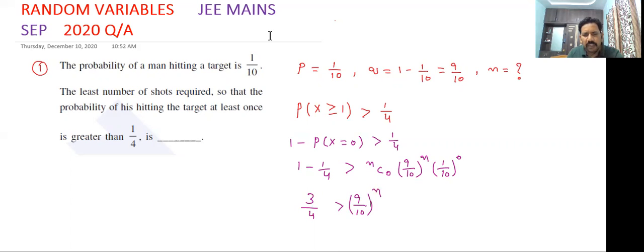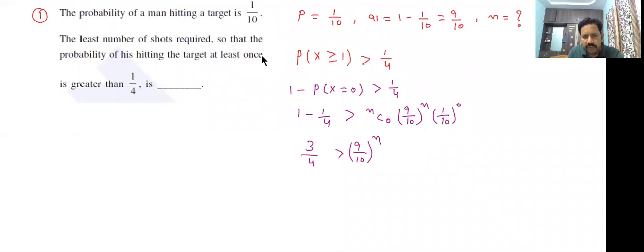Now here take the cross multiplication, we get 3 into 10 power n is greater than 4 into 9 power n.